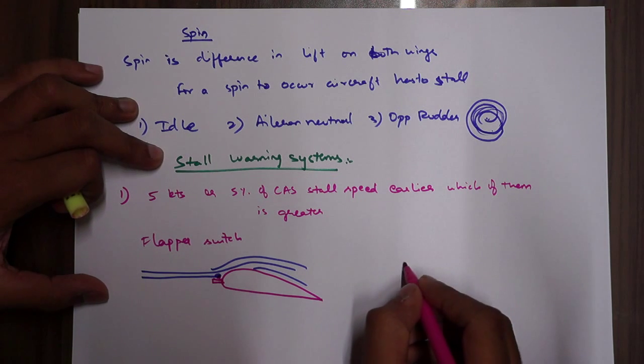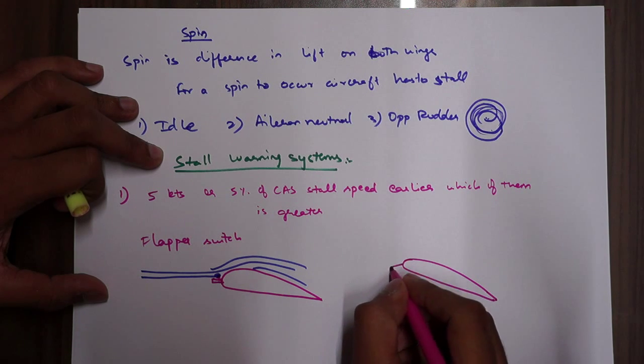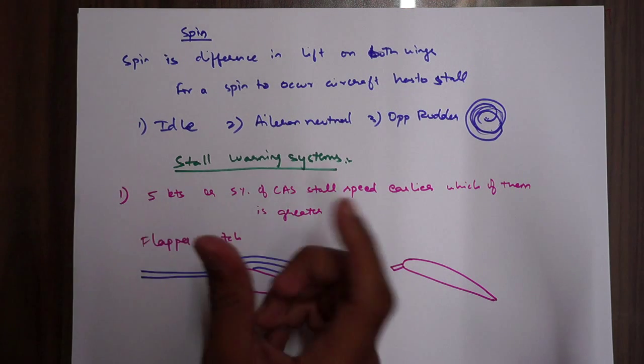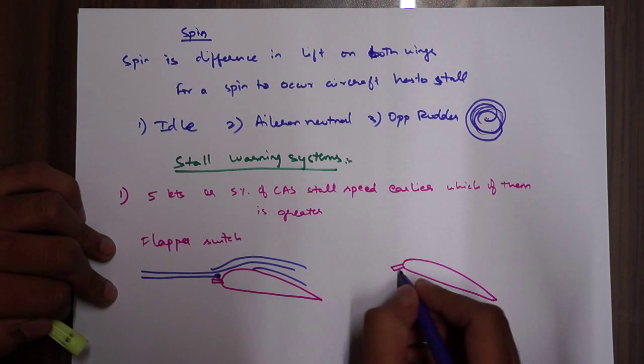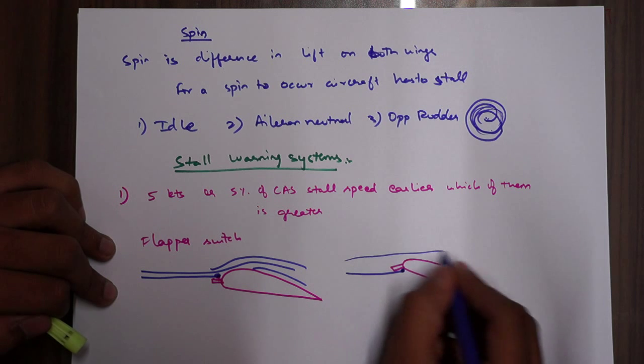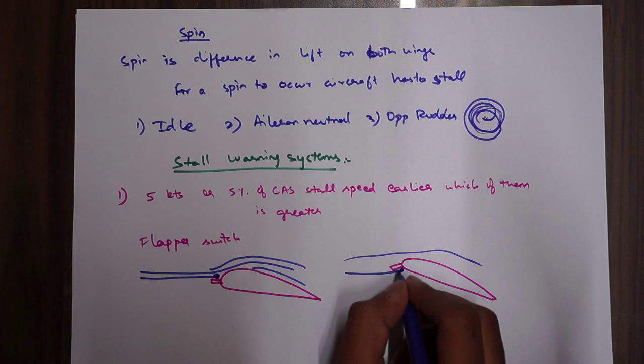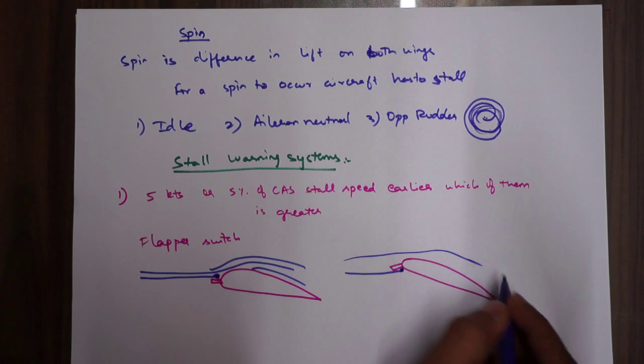But if the angle of attack is increased to a certain extent of the stalling angle, the stagnation point shall move forward, I mean below the flapper switch. This will lead to the closing of the flapper switch, and it will give a warning.